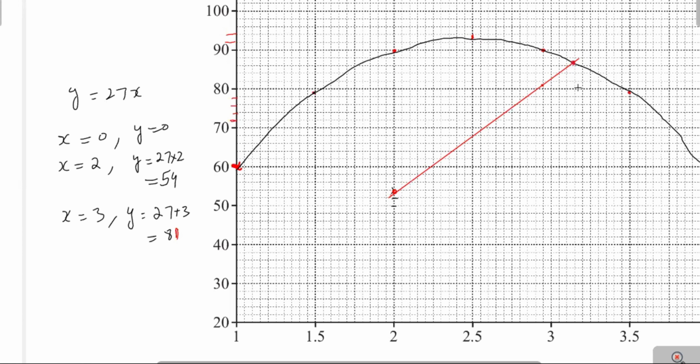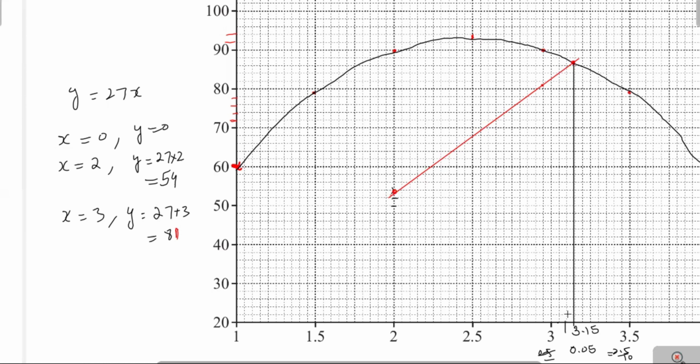Now at this position, you see here, this is the value of x. Each small square is equal to 0.05. 10 small squares equal 0.5, and 0.5 divided by 10 gives 0.05. So this is 3.05, this is 3.1, and this value will be equal to 3.15.